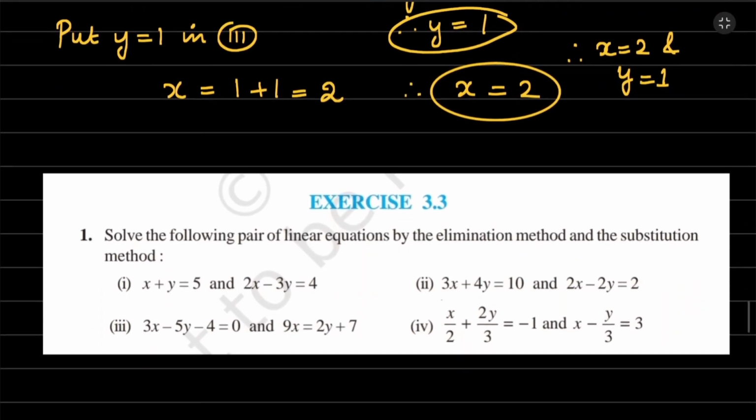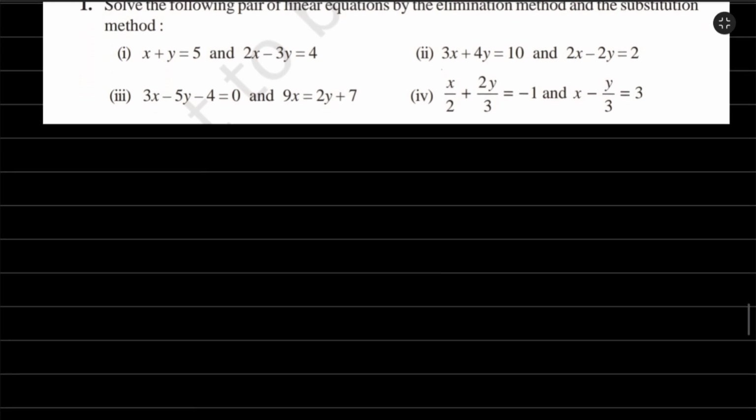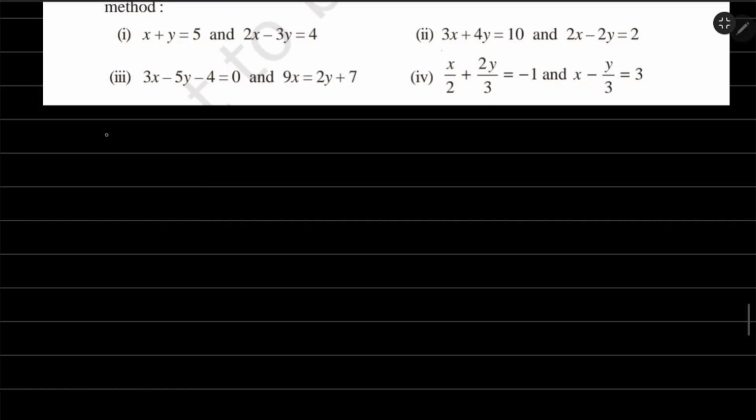Let's move on to the third question. So let's do it the same way, first by using the elimination method and then using the substitution method. So this is subdivision 3. 3x minus 5y is equal to 4. I am taking minus 4 to the other end.